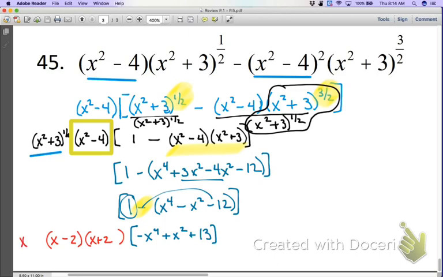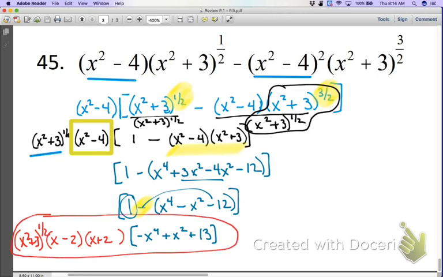And then that x squared plus 3 to the 1/2 power. Now, we could have done the x squared minus 4 up where it was and just brought it down then. But I want to focus on what was on the inside first and then go from there.